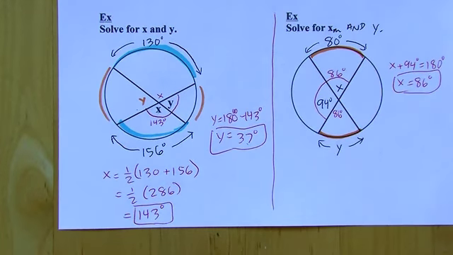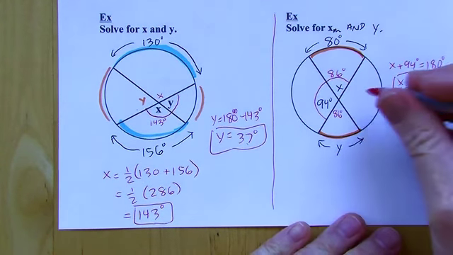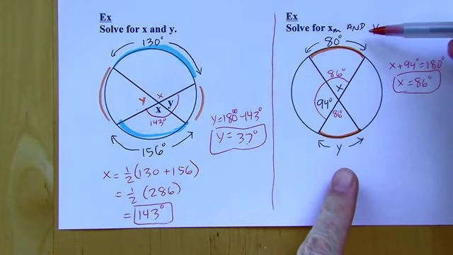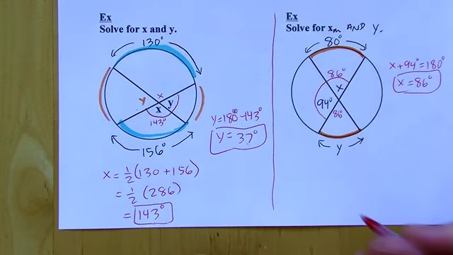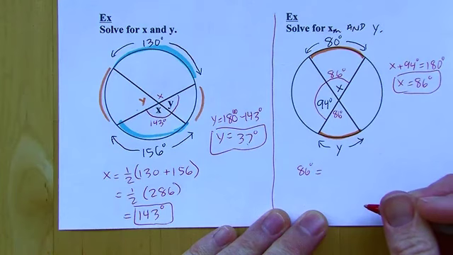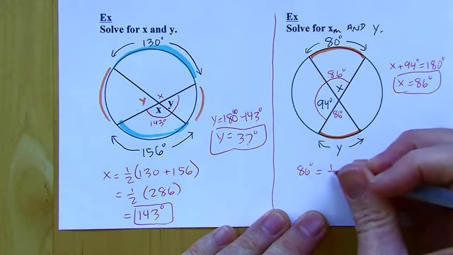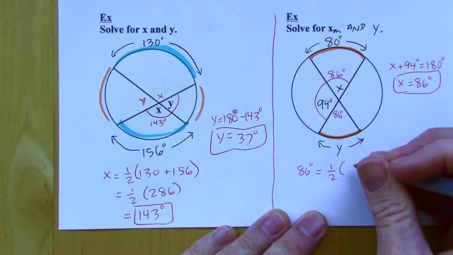So the 86 degrees is going to intercept the 80 degree arc and the arc that's y degrees. The angle is going to be the average of the two intercepted arcs. So the angle here is 86, and the two arcs are y and 80 degrees. So I'm going to do half of the sum of those two.